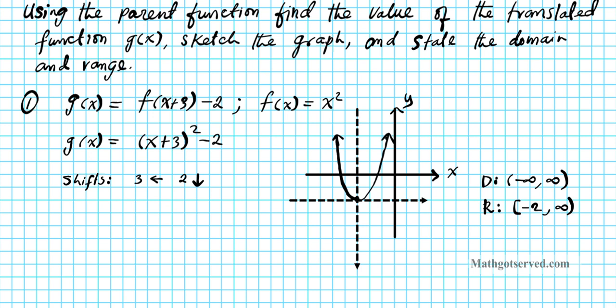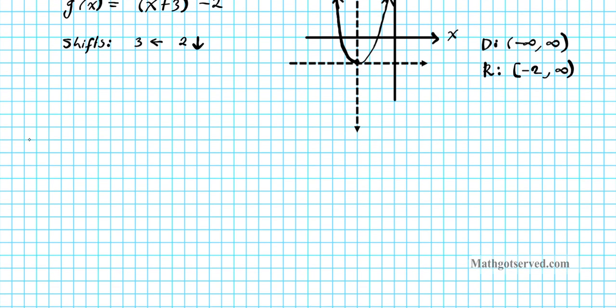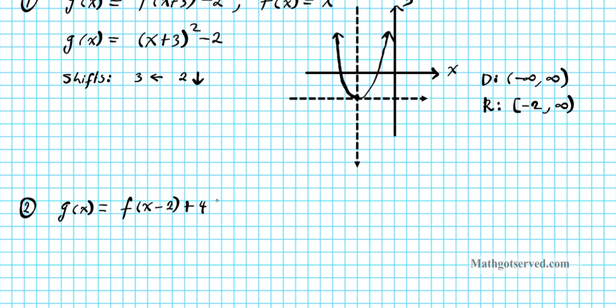All right, let's move on to question number 2. For question 2, we have g of x, a transformation of f given by f of x minus 2 plus 4, for f of x equals x to the third, your cubic function.